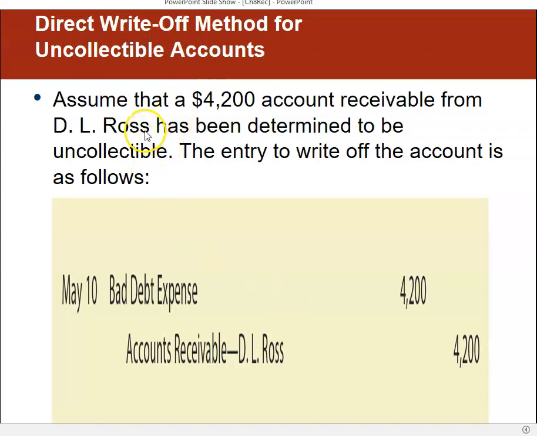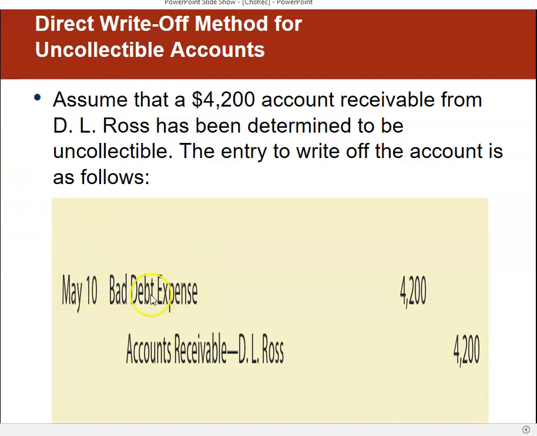And it says here, assume that a $4,200 account receivable from D.L. Ross has been determined to be uncollectible for any number of reasons. The entry to write off the account is as follows. Because this is the direct write-off method, we say, okay, we have a $4,200 receivable. We're not going to get that money.